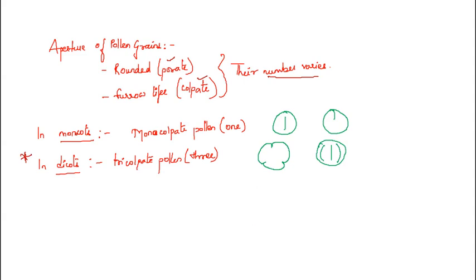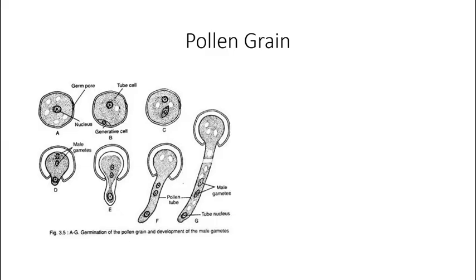Now we need to study the exine and intine in a little more detail. The pollen grain has apertures, as I told you. This exine is very hard. Inner to the exine is the intine. From the intine only the pollen tube will come out.